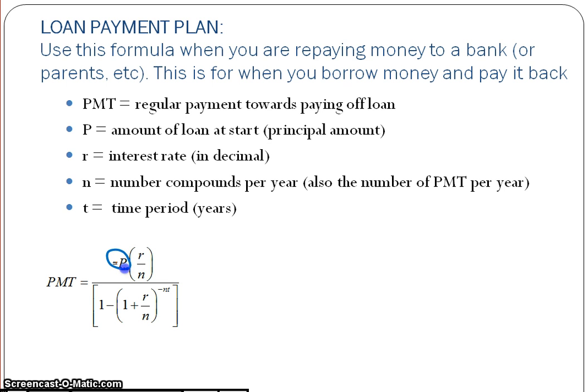So P this time, since it's a loan, is the amount that we start with for the loan. So this is called the principal amount of the loan. And PMT, that's payment, that would be like our monthly payment. So we have R and N, and we plug it into this formula. You by no means have to memorize these formulas. You just have to know when to use which one and understand what all the variables mean.